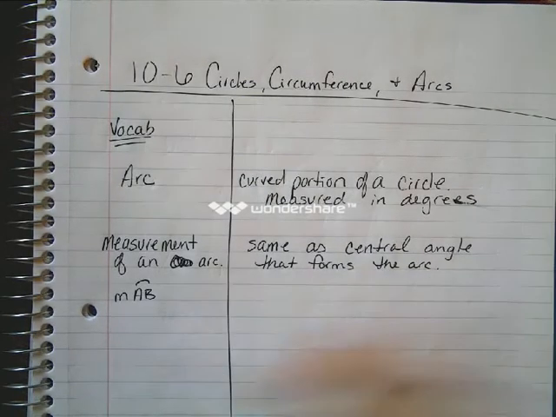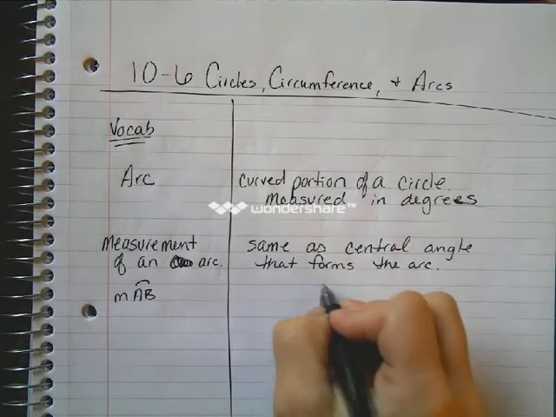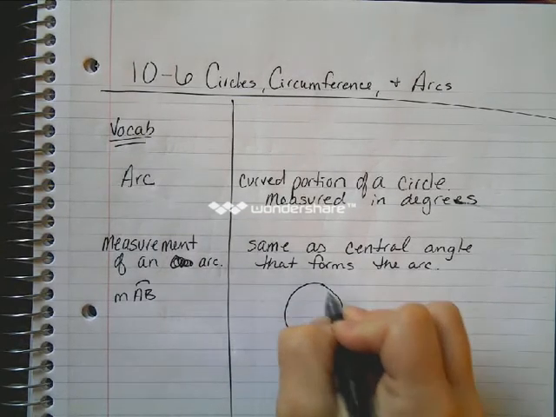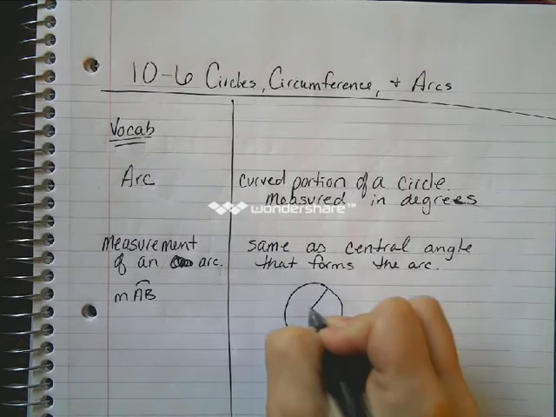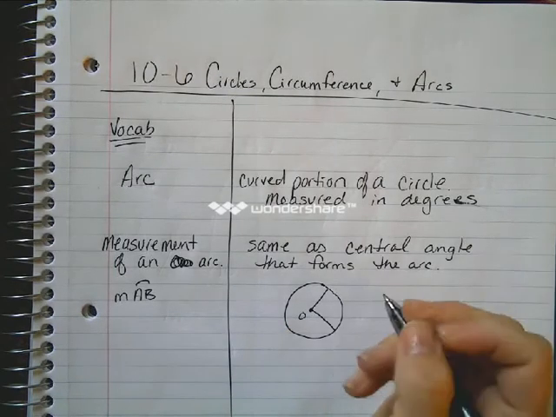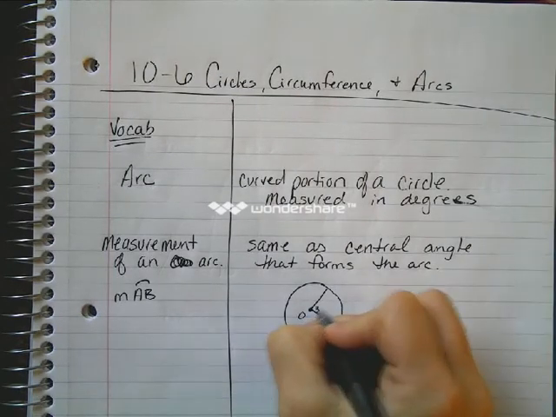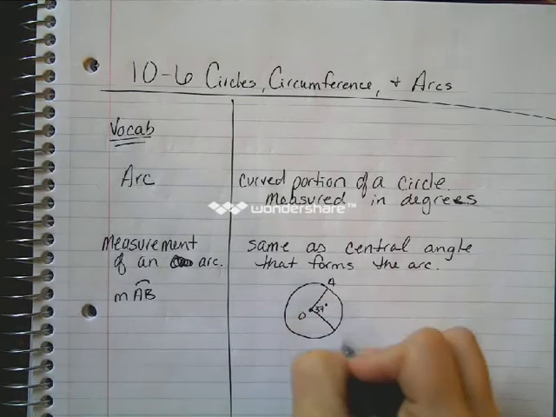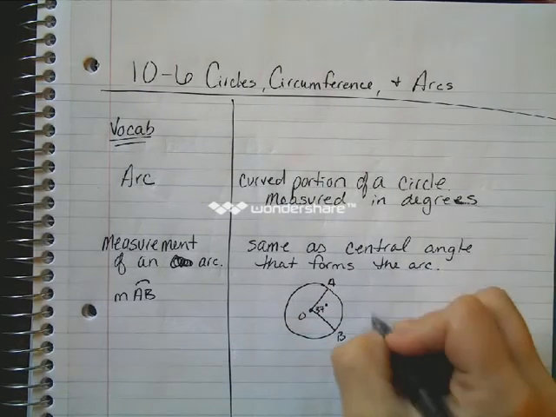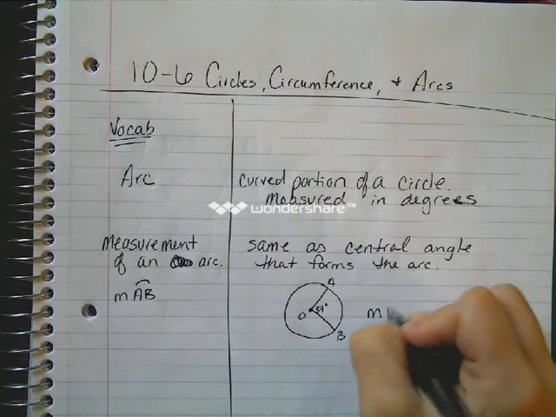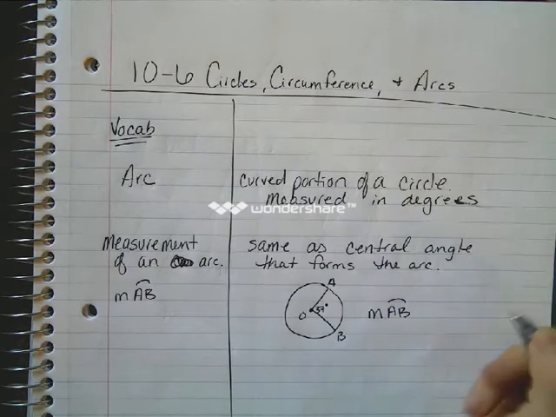So if I have a circle, remember this is the center of the circle, so that's called a central angle. If this is 37 degrees, then the measurement of arc AB would also be 37 degrees.